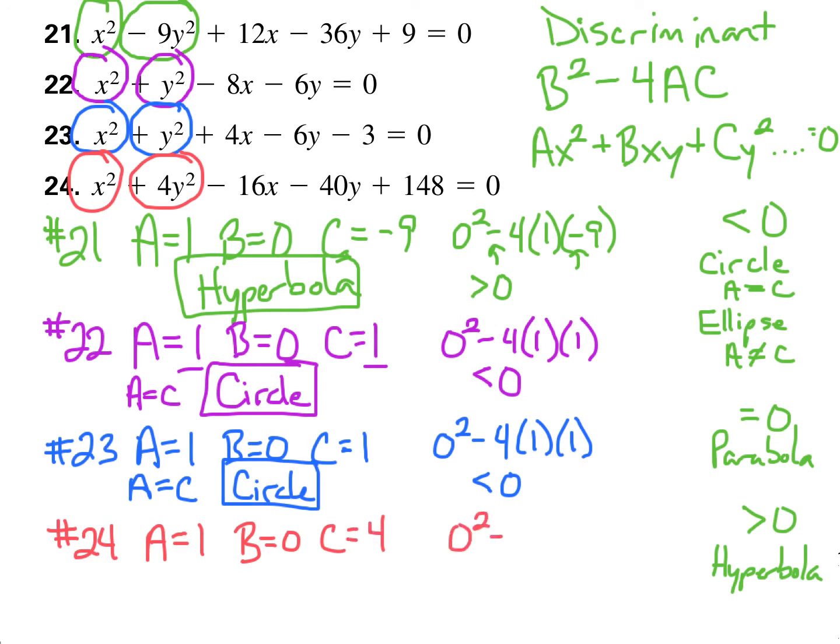So 0 squared minus 4 times 1 times 4, so A times C. That's negative 4 times 1 is negative 4 times 4 is negative 16. So we're at less than 0. However, this time A is not equal to C, and therefore we have an ellipse.